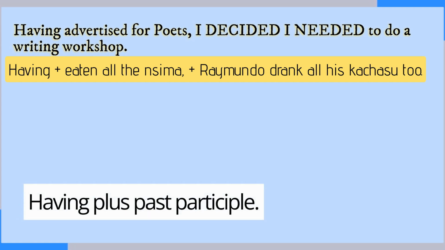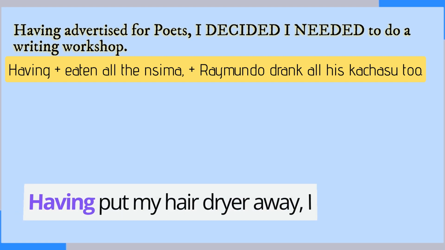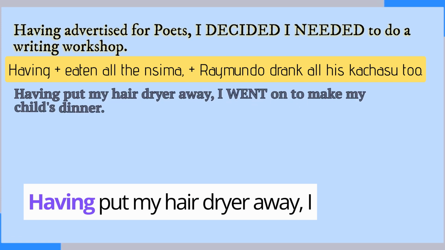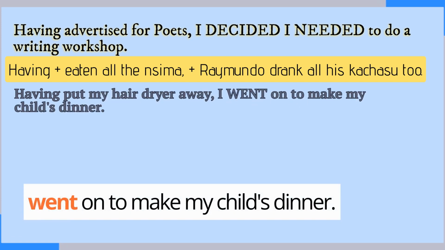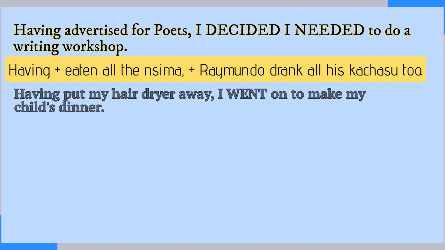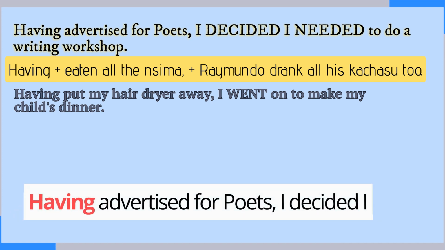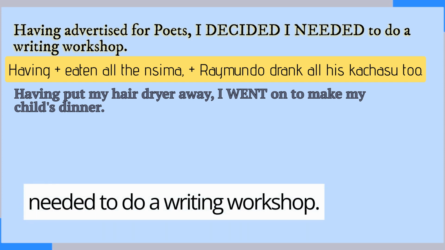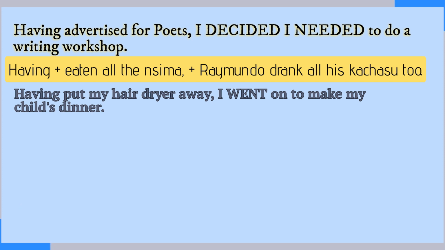Having plus past participle. Having put my hair dryer away, I went on to make my child's dinner. Having advertised for poets, I decided I needed to do a writing workshop.